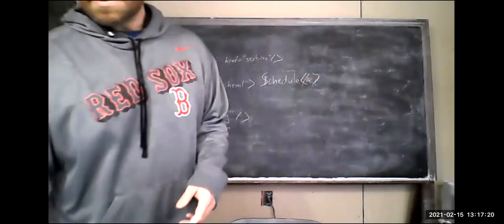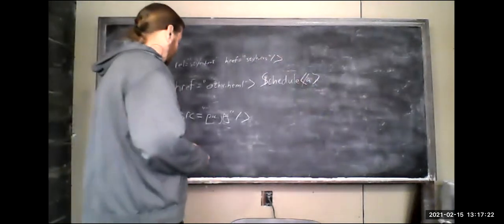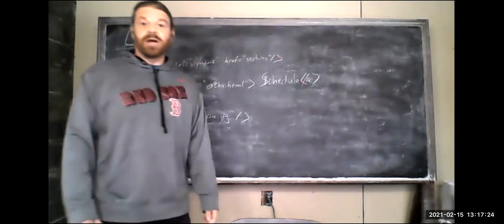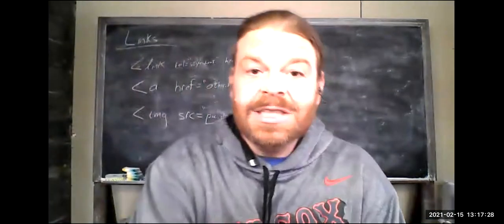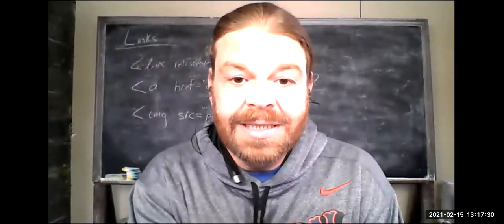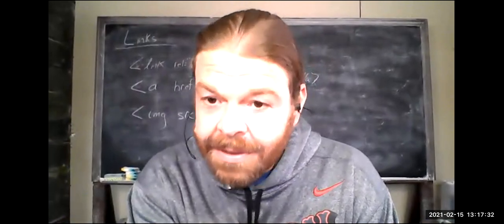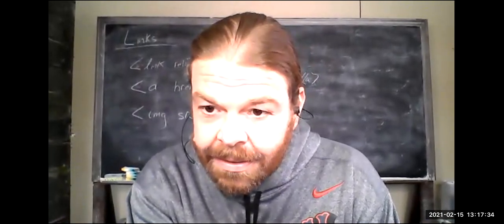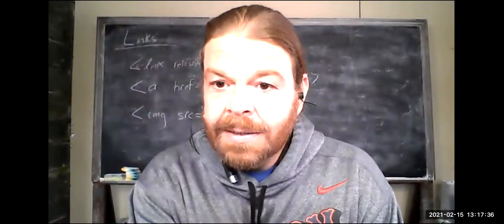So let's look at what to do when they're not in the same place. It's fairly straightforward, and I figure I'll just do this with an example. So I'm going to go ahead and share my screen and open up a text editor.